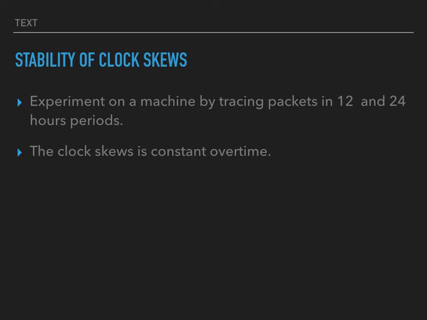Next, I'm going to talk about the stability of the clock skews. The experiment is to show that the clock skew is constant over time, it does not change. So it means the fingerprint sticks with the device, no matter what.